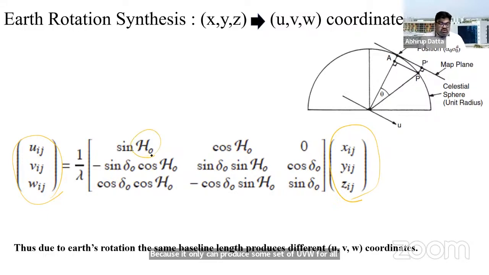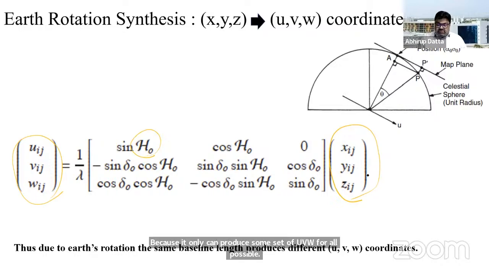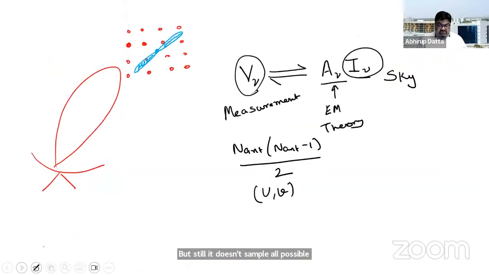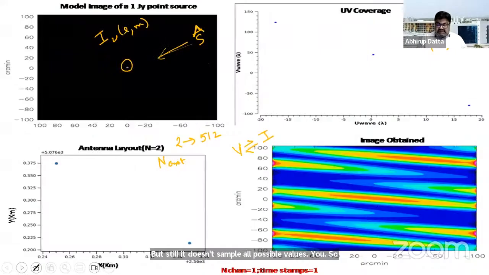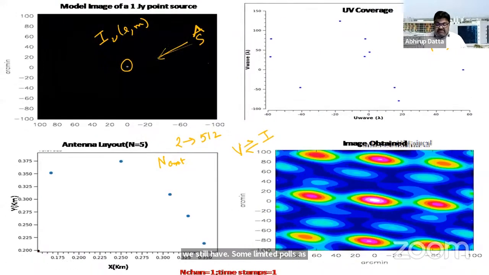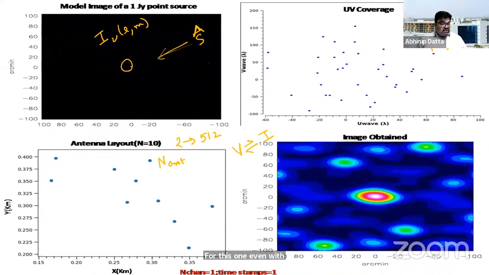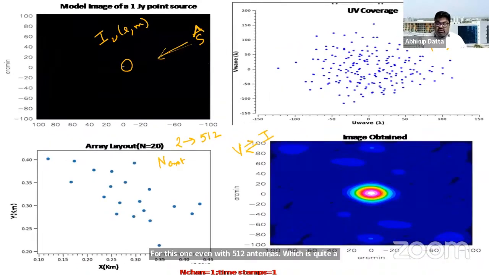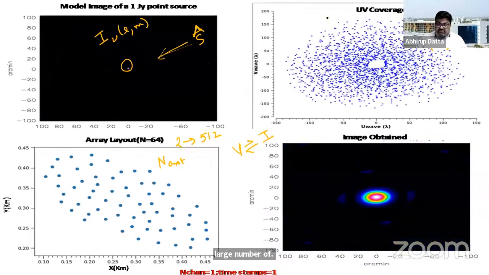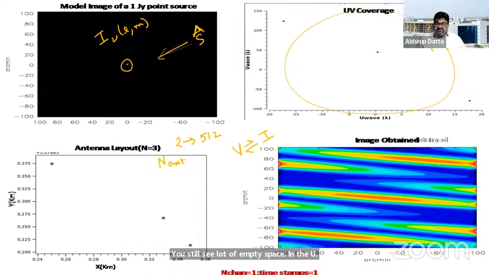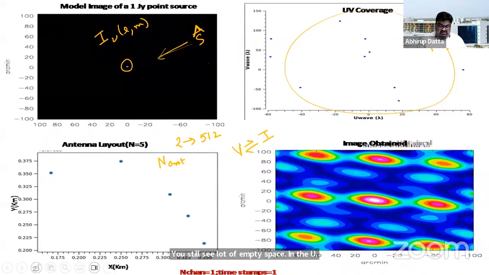Okay, not all. So even though it is a kind of projection, it still doesn't sample all possible values in the UVW plane. So we still have some limited holes, as you see for this one. Even with 512 antennas, which is quite a large number, you still see a lot of empty space in the UV space. So UV coverage is still not complete.